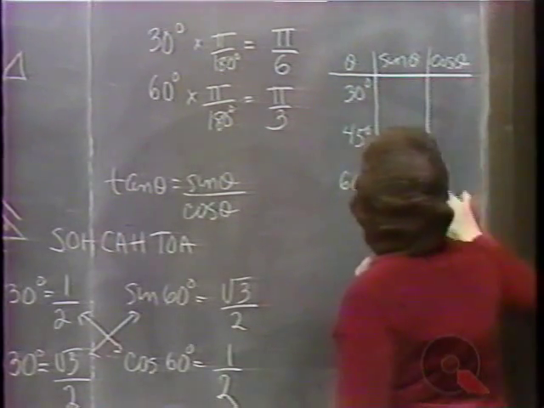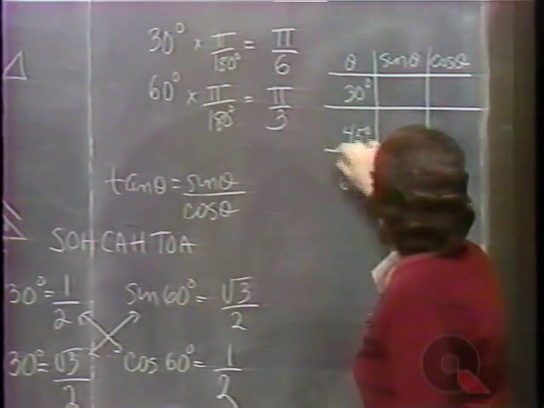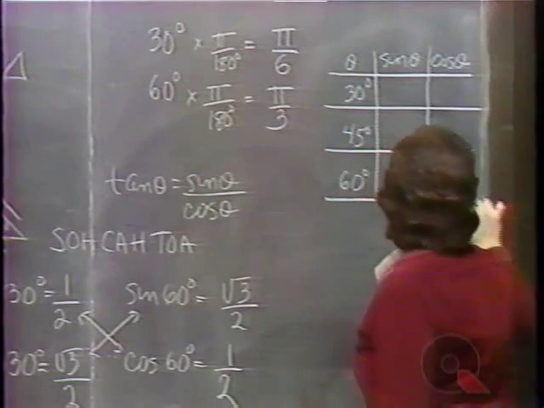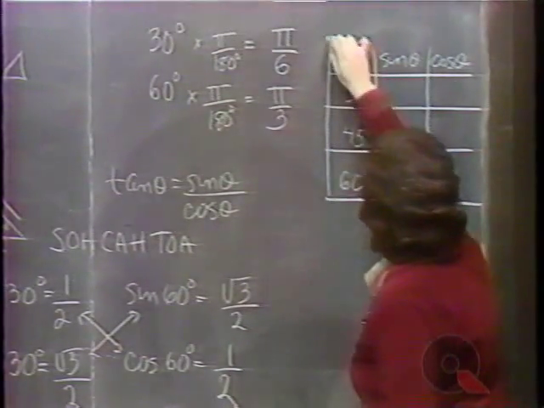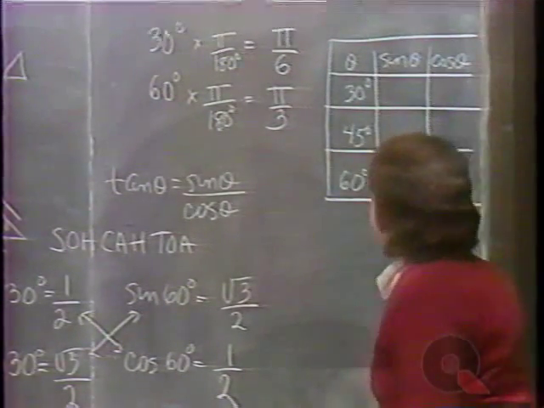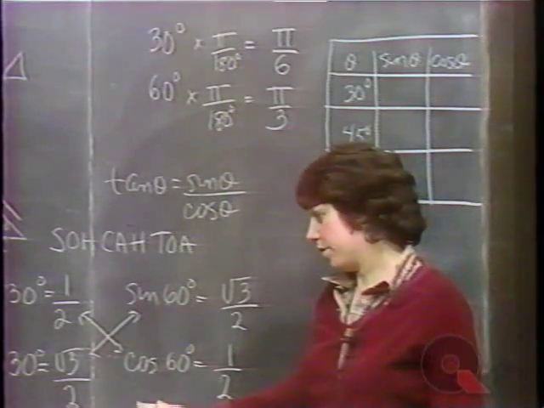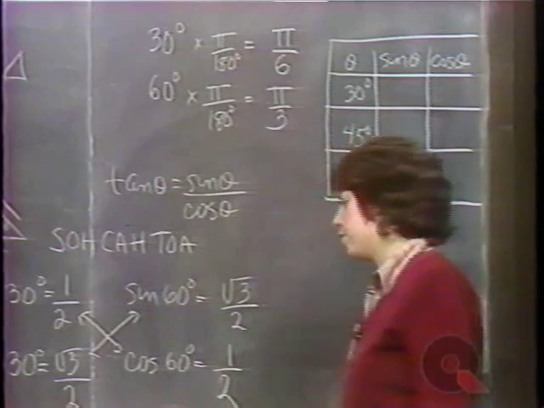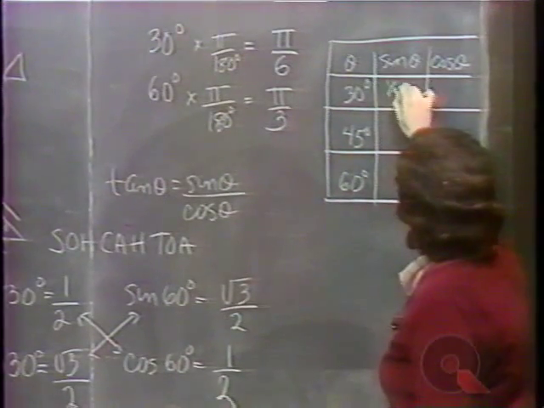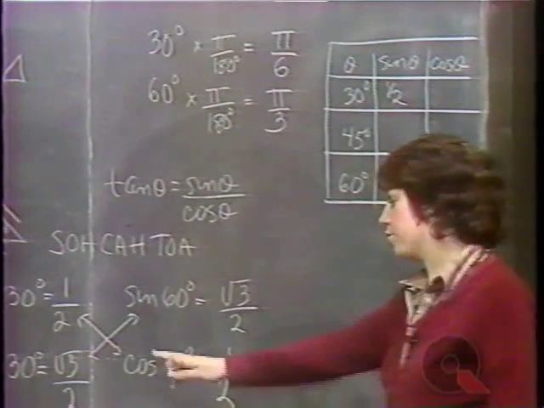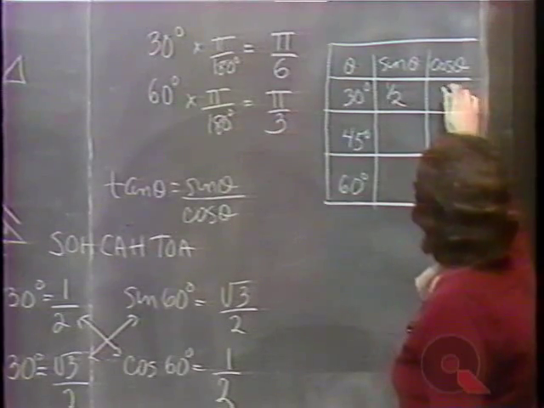Later on in this tape, I'll show you a neat way of remembering these values. Right now, I just want to accumulate these values so that we'll have them later on. Okay, for 30 degrees, we just worked this out. The sine of 30 degrees is 1/2. The cosine of 30 degrees is the square root of 3 over 2.